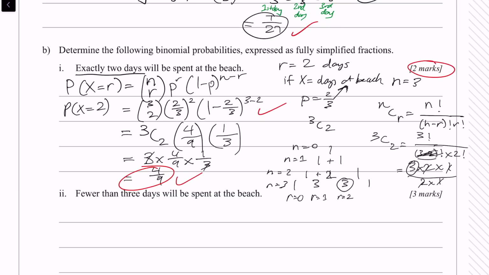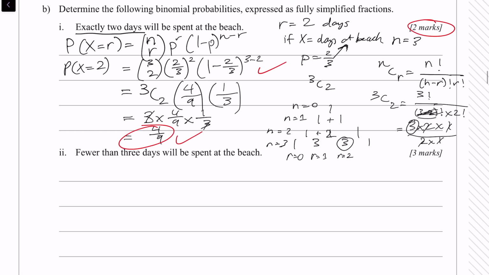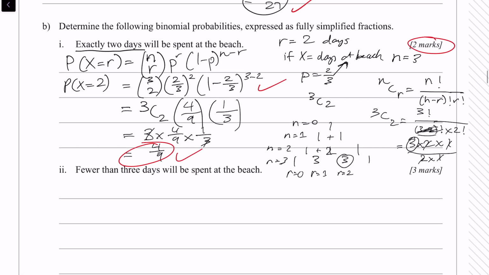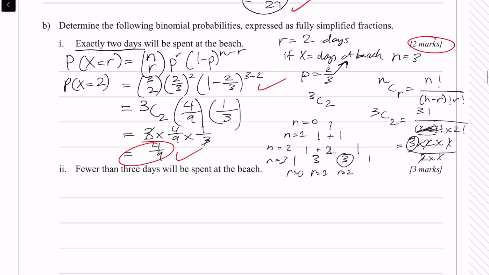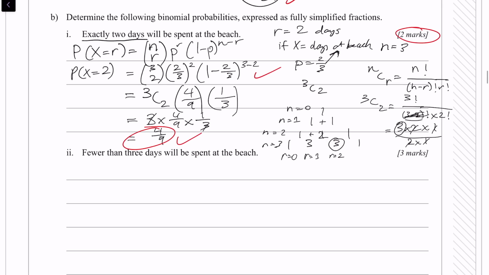And for part 2 of question B, fewer than 3 days will be spent on the beach, trying to find that binomial probability. So for this one, we will find the probability that X is less than 3.